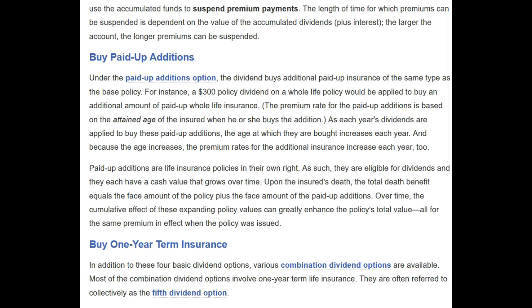Upon the insured's death, the total death benefit equals the face amount of the policy plus the face amount of the paid up addition. Over time, the cumulative effect of these expanding policy values can greatly enhance the policy's total value, all for the same premium in effect when the policy was issued.